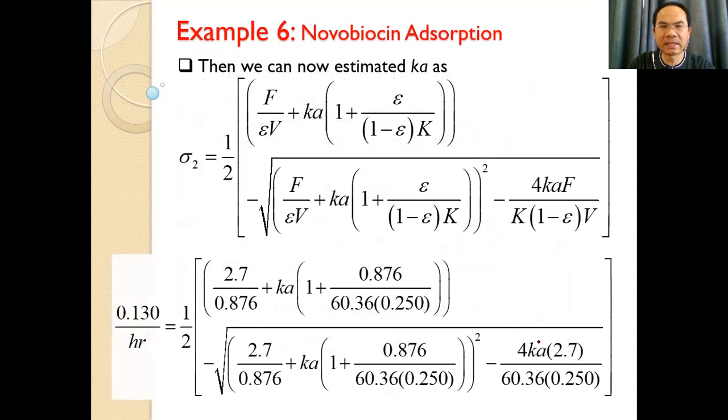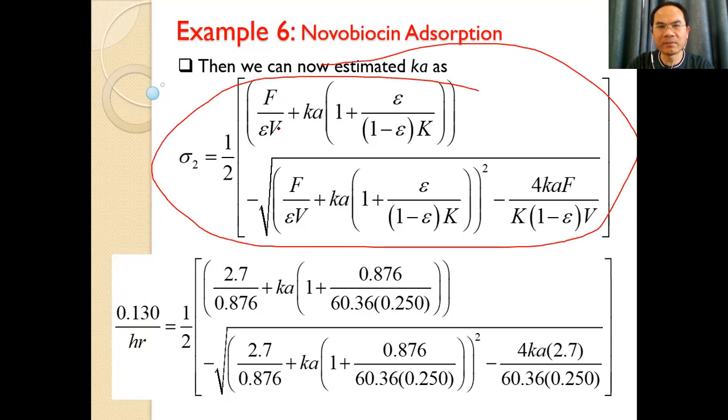And then you can evaluate Ka in terms of this equation. You know sigma 2 is a function of F, epsilon V, epsilon K. You substitute all this and then you solve for Ka. It's nonlinear, but you can solve for Ka.